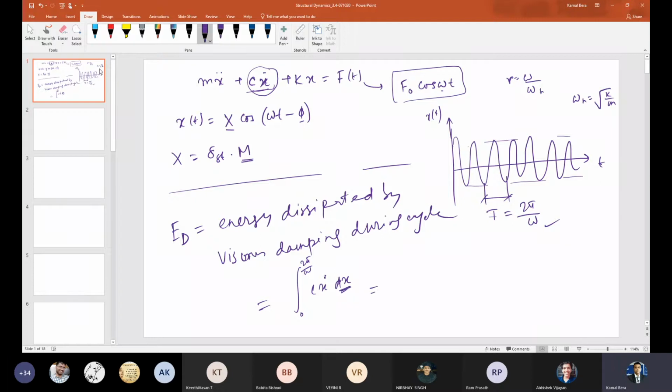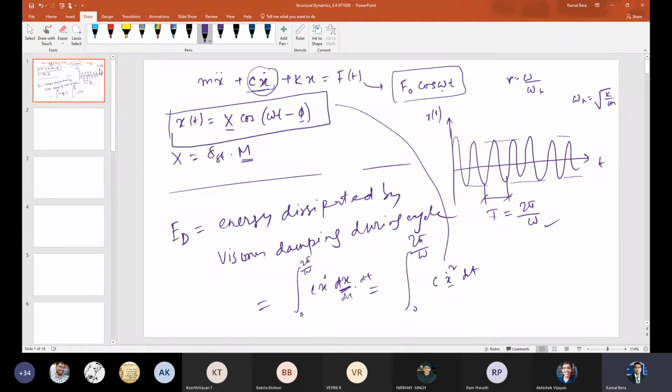Now I have to convert it to time. I think I have shown this earlier also, so I can write it very easily as c x dot square, because I can write dx by dt into dt, so x dot square dt, right? Got it? Okay. Now what is x? x is this, right? Just substitute here, perform the integral, and tell me the expression.